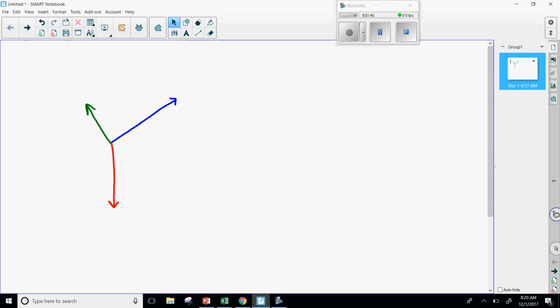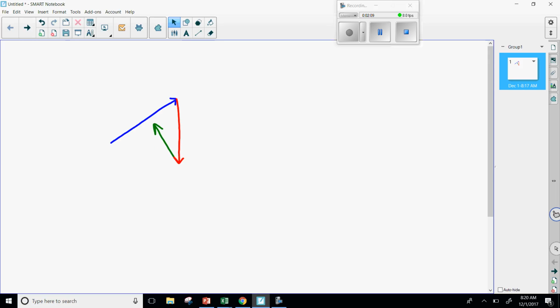The tail is the end that has an end point, if we were looking at it as a ray, and the tip is going to be the arrow tip of your ray. To add them head to tail, you can add them in any order.